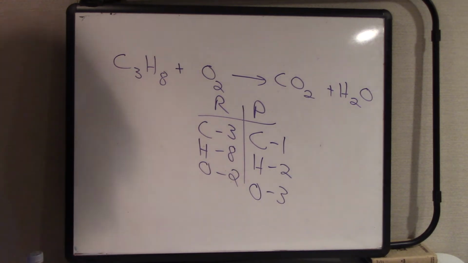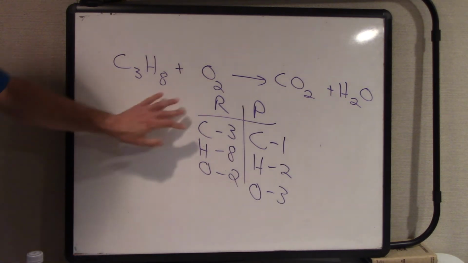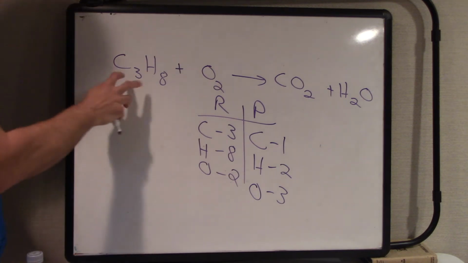When you see something that's appearing in a lot of different locations, that's your clue to definitely not start with that one. You want to save that one till the end. Instead, you want to start with the things that appear in the least number of locations. So for us, that would be either carbon or hydrogen. We're just going to go ahead and start with the carbon on this one.